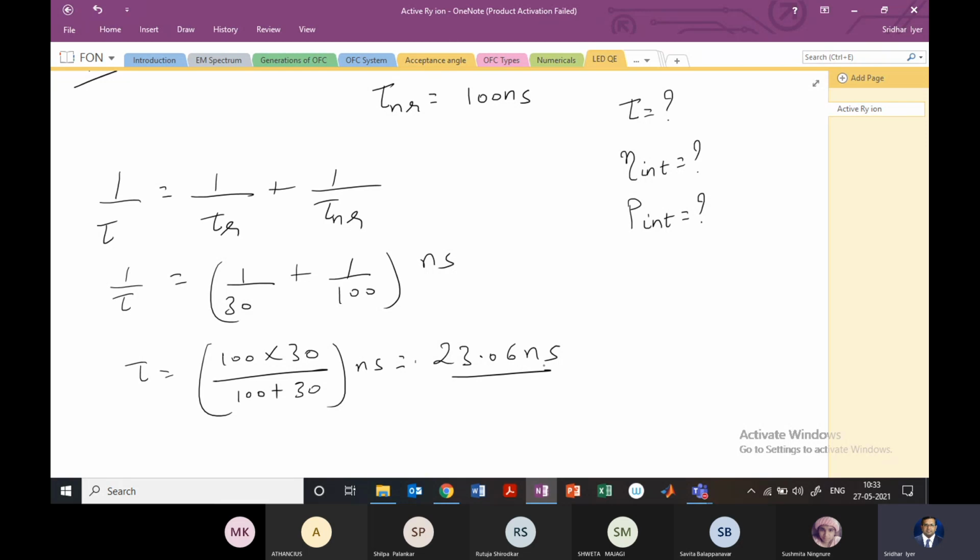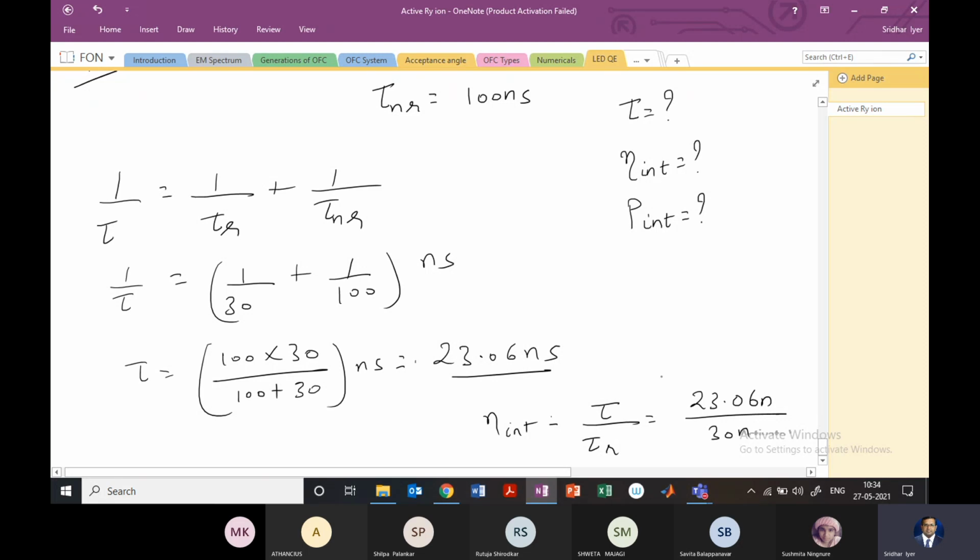Okay. Next, we need to find the internal quantum efficiency. We know that the internal quantum efficiency is tau divided by tau r. We have just calculated the total recombination lifetime, so that is 23.06 nanoseconds divided by tau r, which is given to us as 30 nanoseconds.